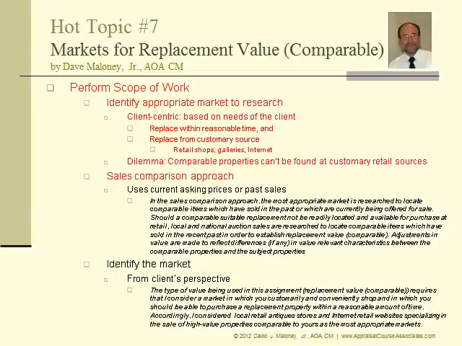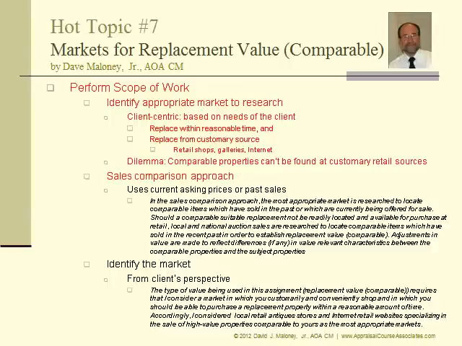By the way, USPAP also requires that we summarize the reasons for excluding the use of any of the three approaches to value as well. And for the intended use of obtaining insurance, we normally exclude both the cost as well as the income approaches, using only the sales comparison approach.